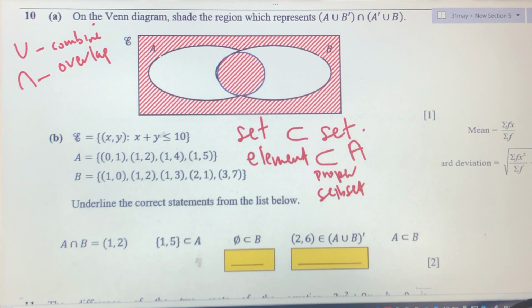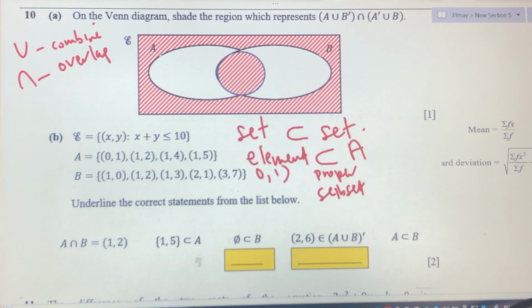For example, if I say (0, 1), this is an element, right? How can you say an element is a subset of this fella? Cannot. When you say proper subset, you are saying that this is a set already. But when you write (0, 1), it's not a set. It is an element. So this is wrong.